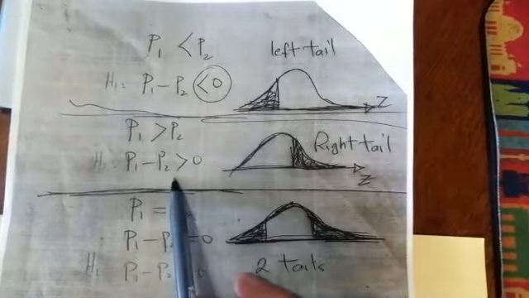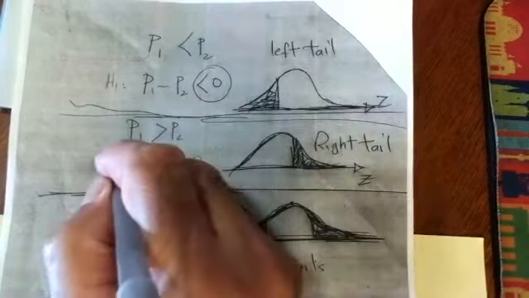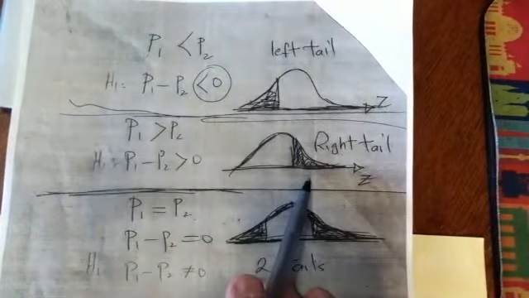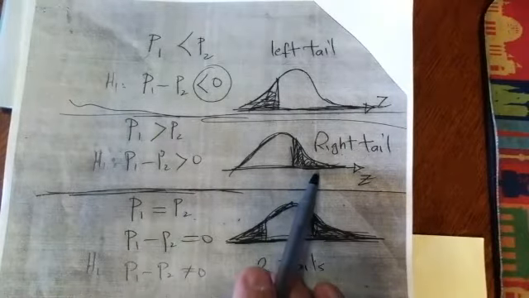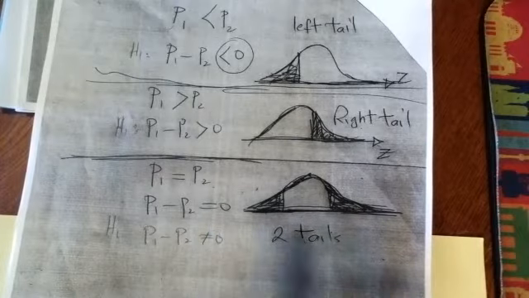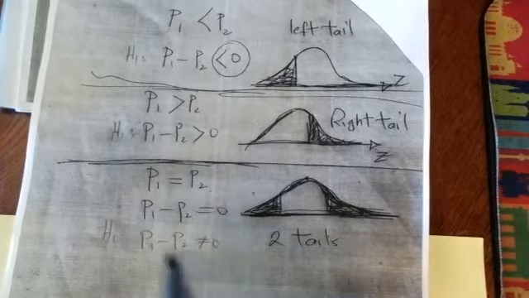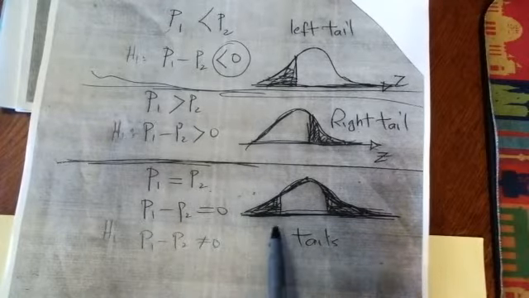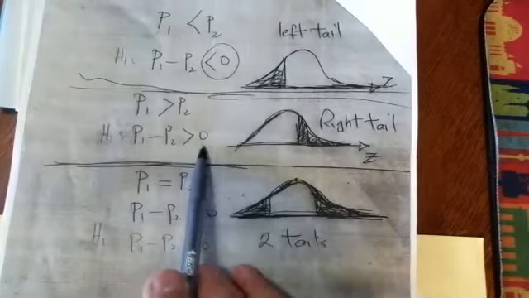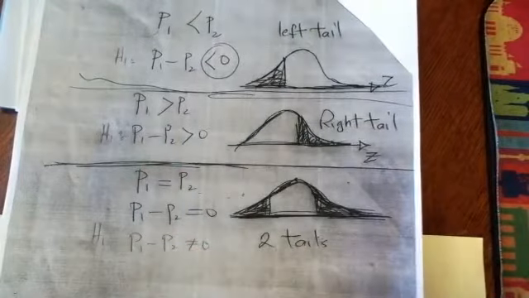If the difference of proportion is greater than 0, which again is also a case for H1, because H1 determines the curve, it would be right tail. Or if the difference is equal to 0 or not equal to 0, we are using 2 tails, okay? So again, if the difference is equal or not equal, we always use 2 tails on the graph. If the difference is greater than 0, we use the right tail, and if the difference is less than 0, we use the left tail.